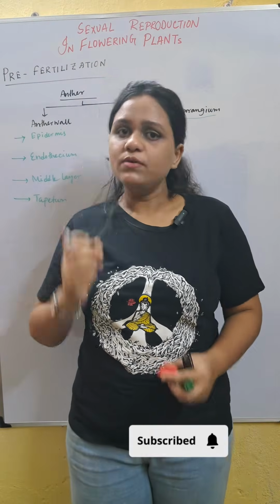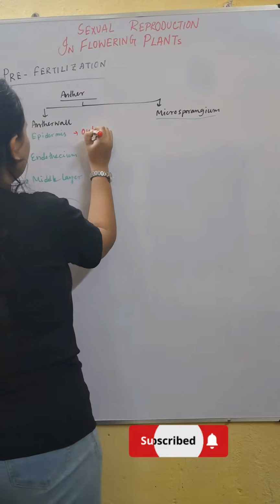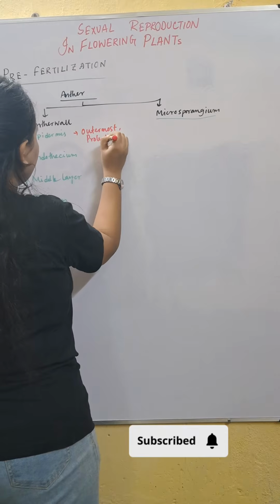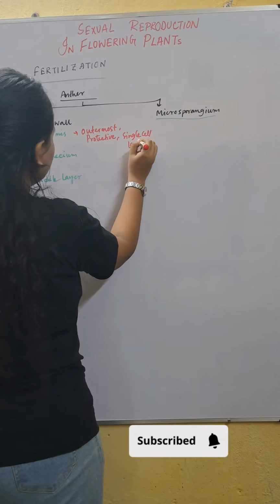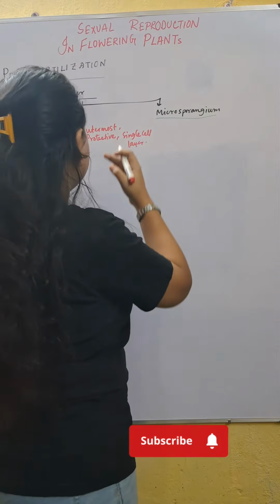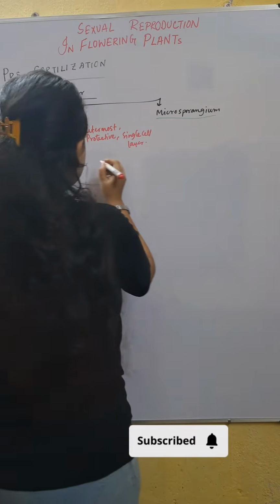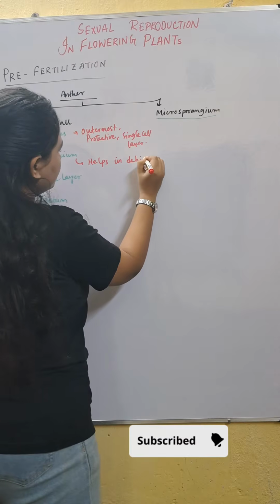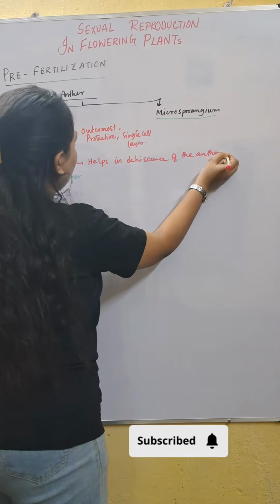Epidermis is the outermost, protective, single cell layer. Endothecium is inner to the epidermis, but outer to the middle layer. Endothecium helps in dehiscence of the anther during pollination.